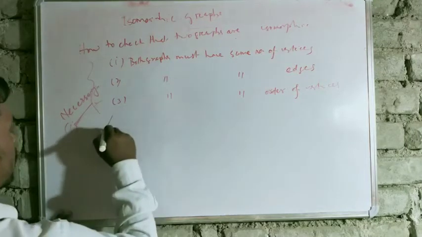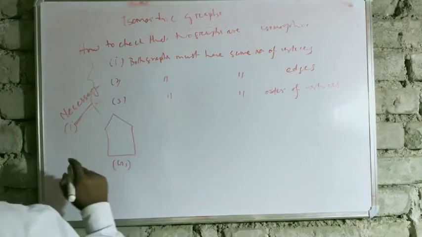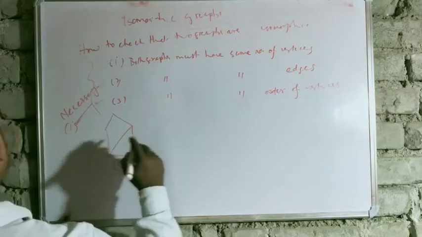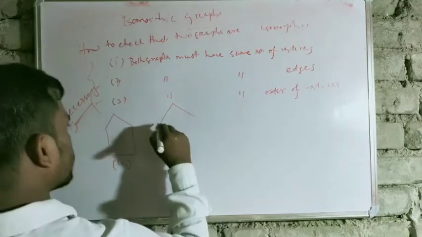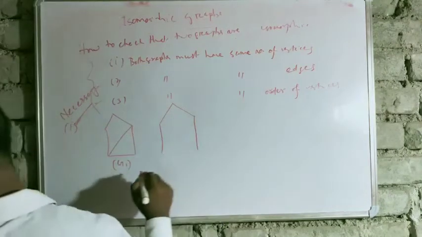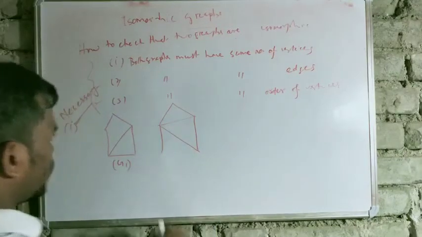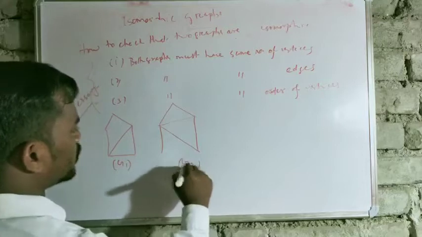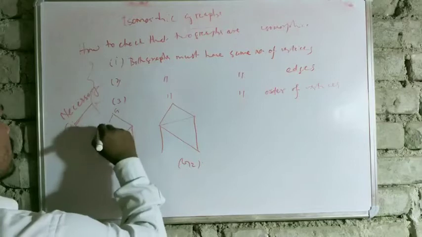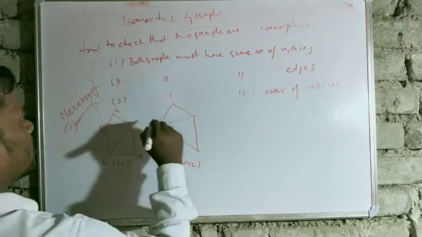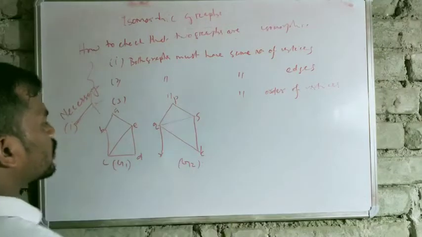Suppose this is a graph G1, and your G2 is this. This is a graph G1 and this is a graph G2. Give the names of the vertices A, B, C, D, E, and this is P, Q, R, S, T. So these are two graphs.